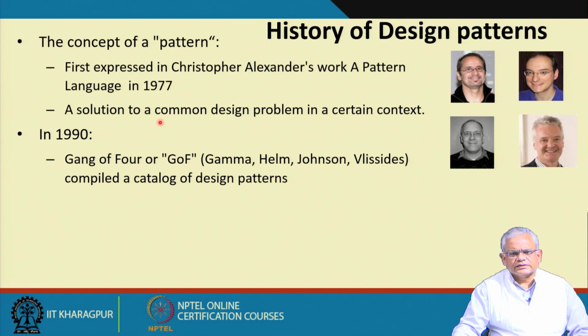In the 1990s, the Gang of Four, Gamma, Helm, Johnson and Vlissides, compiled a catalog of design patterns for general software design and development, and these have become extremely popular. Even though it is nearly 30 years, the applicability of this is still huge.